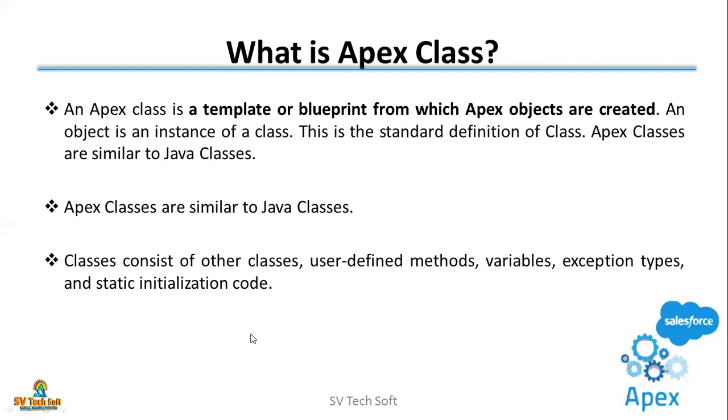The definition wise in Java or .NET, class is nothing but a collection of variables and methods. You can apply the same definition here also in Salesforce. Class syntax will be similar to core Java.